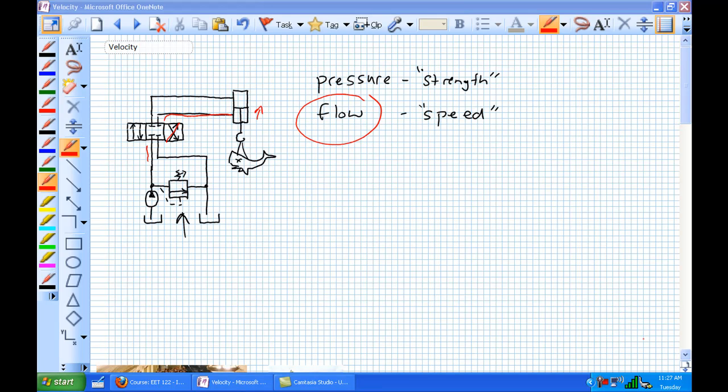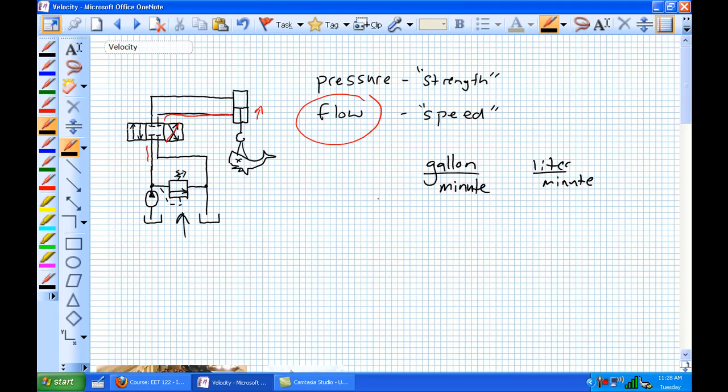So as we remember, flow, to use a non-technical term, is the amount of stuff coming into a given area in a given time. Okay, so flow, the amount of stuff, is units of volume, typically expressed as a gallon, per unit time, typically a minute, or in SI, it's a liter per minute.